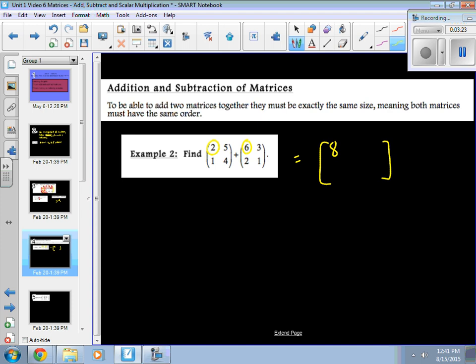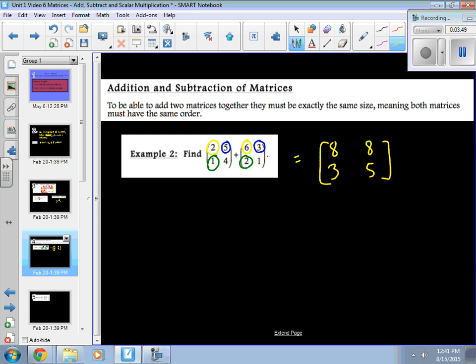We get 8. We want to add these 2 elements together because they're both in the same location. 5 plus 3 is also 8. We want to add 1 and 2 together because they're in the same location, which would be 3. And then finally add the last 2 numbers together. We get 5. So that would be the answer on this one.